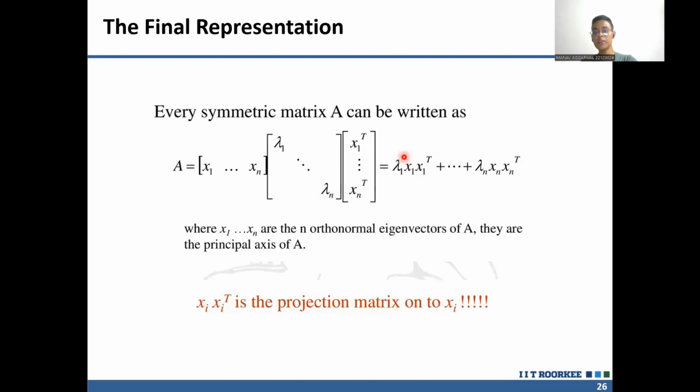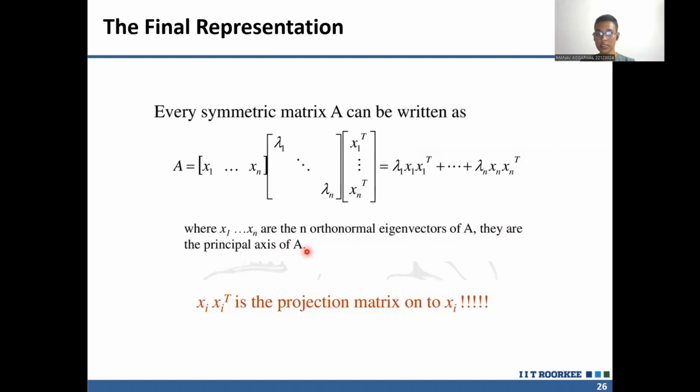But when we simplify this, we achieve an expression which has a deep significance of its own. We can write it as lambda 1 x1 x1 transpose plus lambda 2 x2 x2 transpose, and so on till lambda n xn xn transpose, where x1, x2, through xn are the n orthonormal eigenvectors of A.